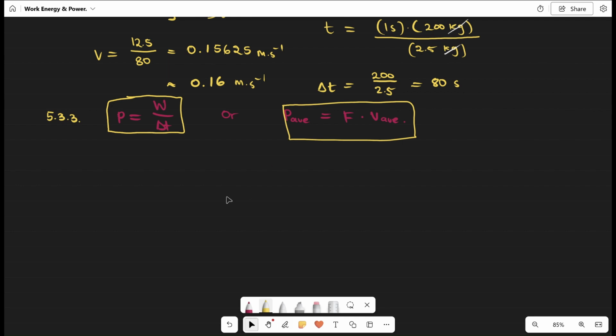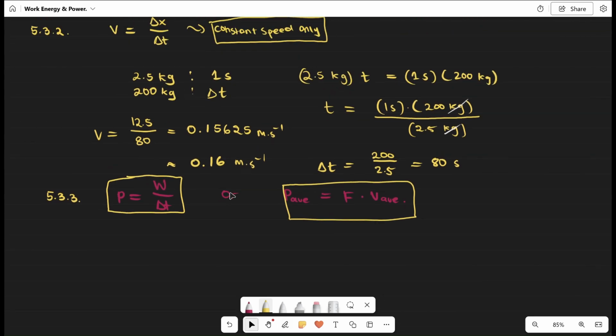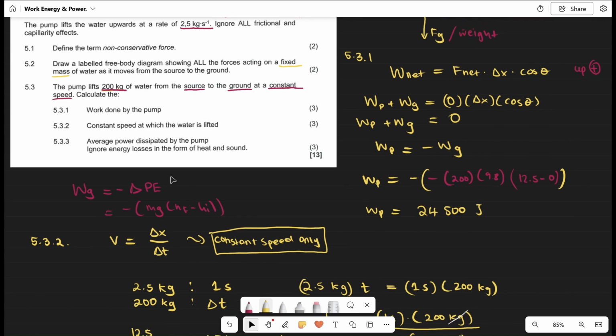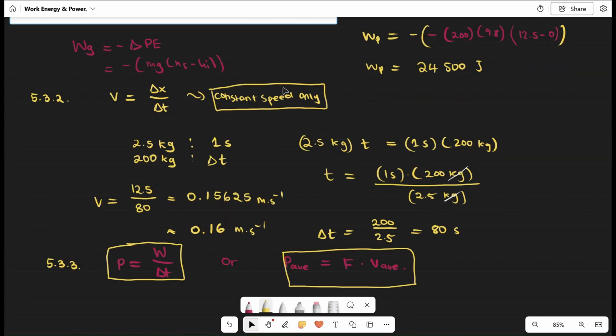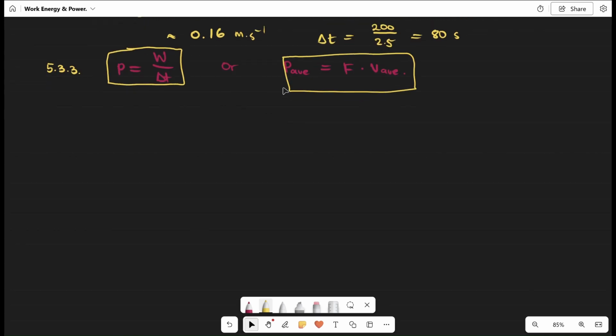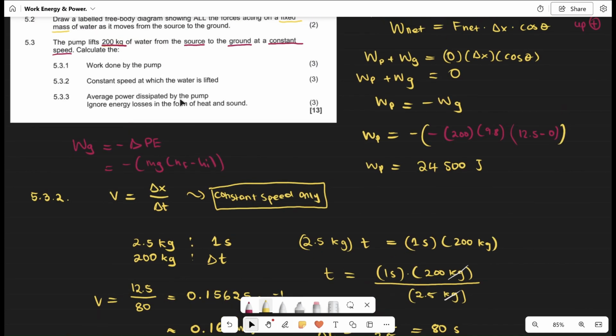Okay, let's see if we can use one of them to calculate the power. We're going to say power is the power dissipated by the pump. This is important: by the pump.